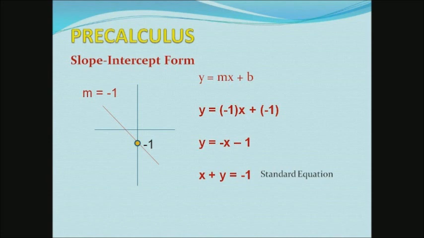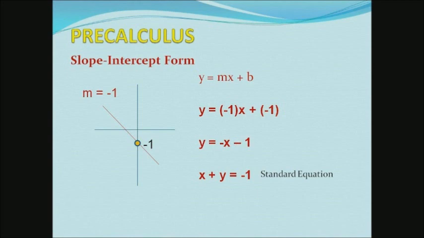That will be our standard equation, because our standard equation is an equation wherein our first term is the term with x variable plus the second term with the y variable equals a constant. So you have x plus y equals -1. That is our standard equation.